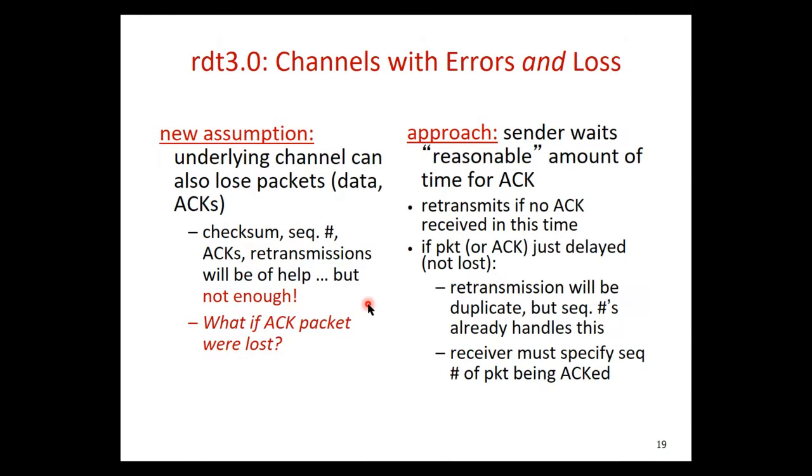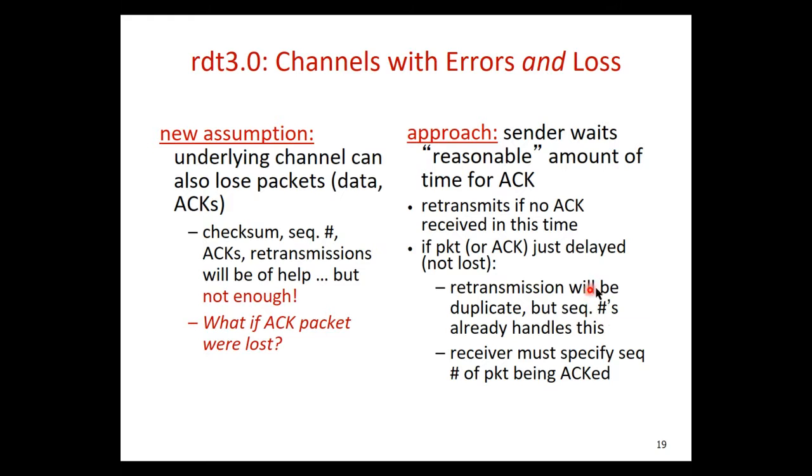Now the retransmission may be a duplicate, because it could be that the packet was not lost, right? So packet 0 was received. The receiver sends back the ACK, the ACK is lost. So the sender times out, retransmits packet 0. So this will be a duplicate. But we can handle duplicates because we have the sequence number.